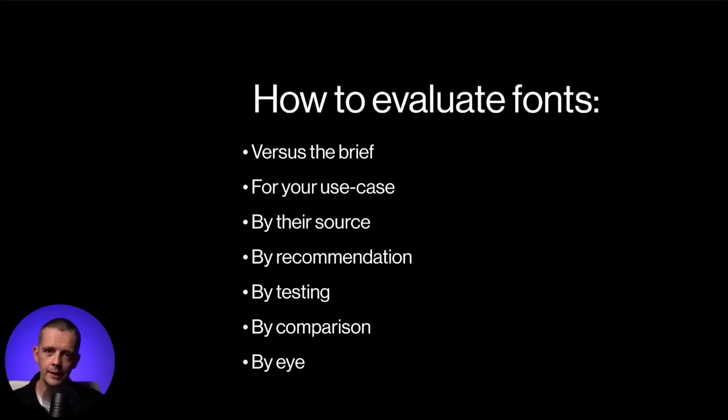And that will really help you notice where people have diverged or the decisions that they've made, and think about why they've done it. And you get much better at evaluating fonts by eye.